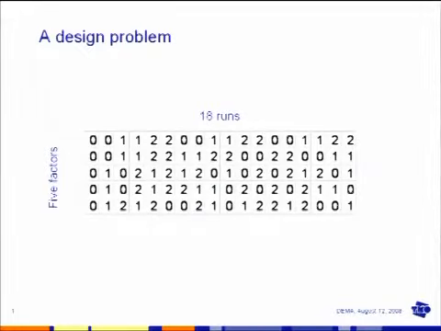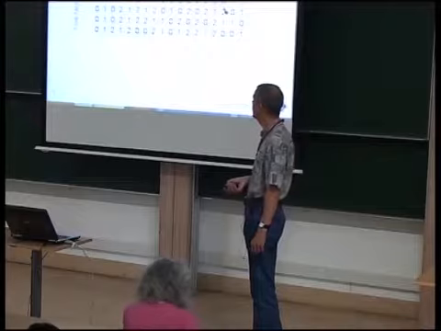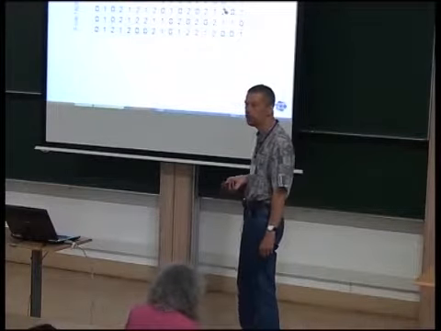These factors define the settings of some property or whatever it is you are experimenting on. And as you see, each row contains the symbols 0, 1, and 2, and these stand for the settings of the factors. Now, this orthogonal array has a special property.